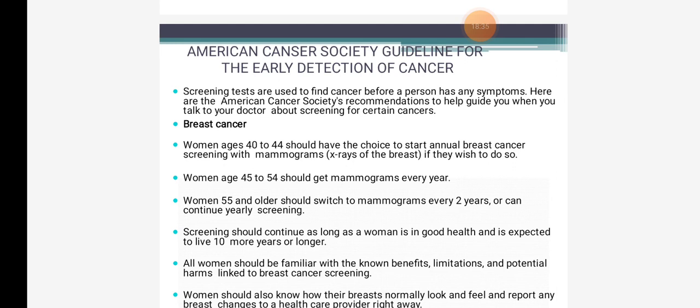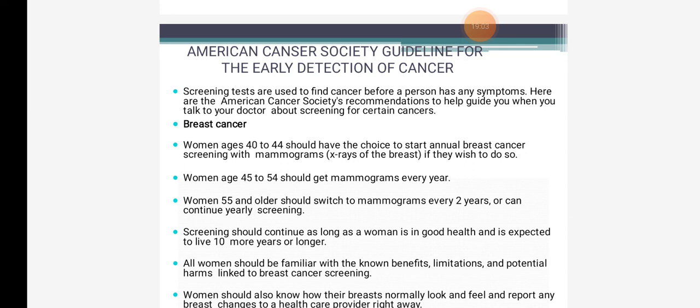Women aged 40 to 44 years should have a choice to start annual breast cancer screening with mammograms if they wish. Women aged 45 to 54 should get mammograms every year. Women 55 and older should switch to mammograms every 2 years, or they can continue yearly screening.